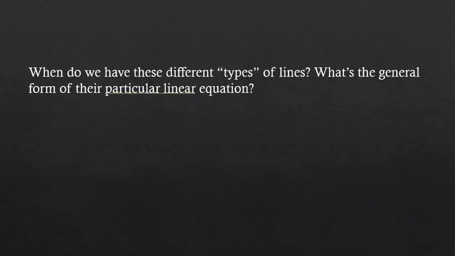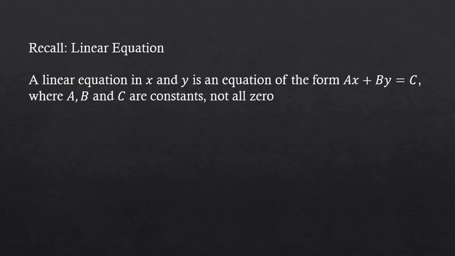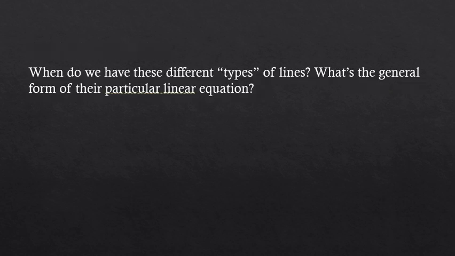So when do we have these different types of lines in the sense of looking at the general linear equation that we talked about all the way back at the beginning of this video? For what values of a, b, and or c will we get these different types of lines? And what's the general form for the particular linear equation?